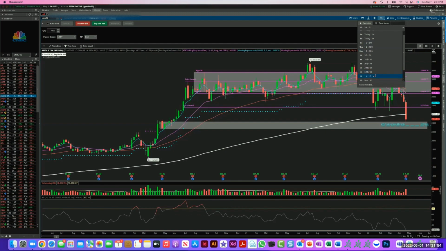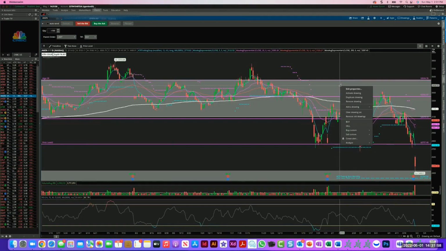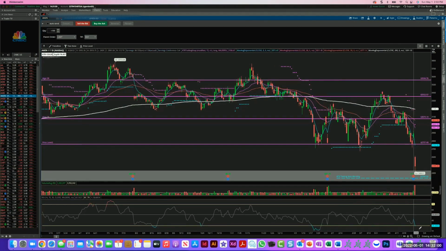And if we go to a 1-year chart, I'm going to get rid of this. It is already in the oversold or moving into the oversold area. We see the blue line here, which indicates oversold. It's likely to decline a little more.